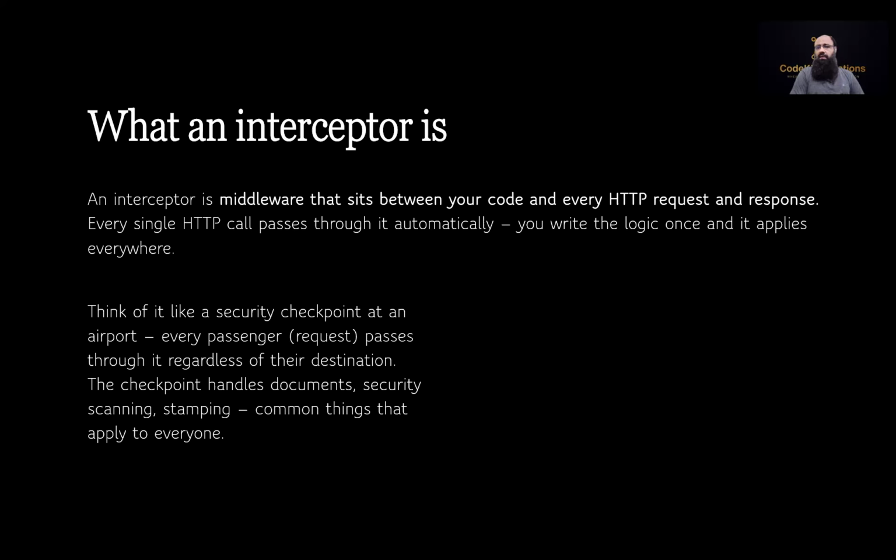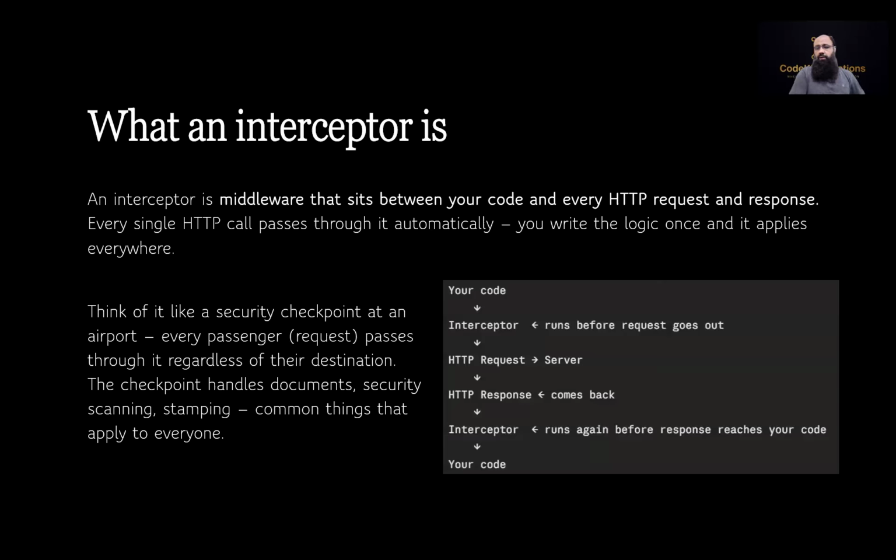These are performed for every passenger irrespective of destination. So you can see our code is there, and the interceptor runs before any request goes out, then the HTTP request goes to the server. A response comes back, the interceptor runs again, and then our main code runs.